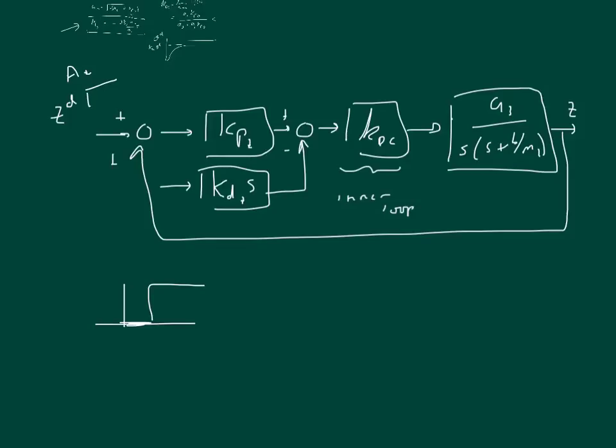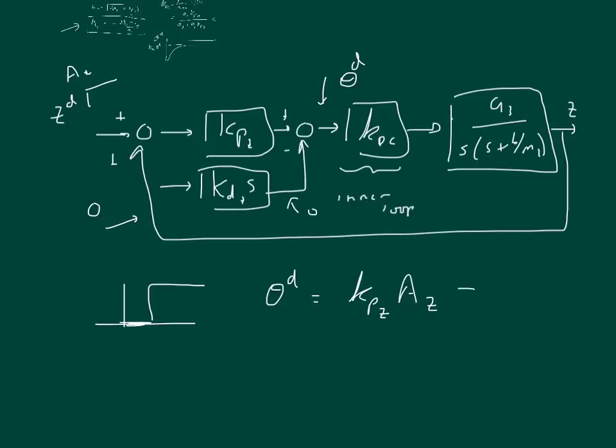So right after the step then, the signal that is applied at this point, which is theta desired, is going to be theta desired equal to kpz times az, because z is originally at 0 and its derivative is originally at 0.